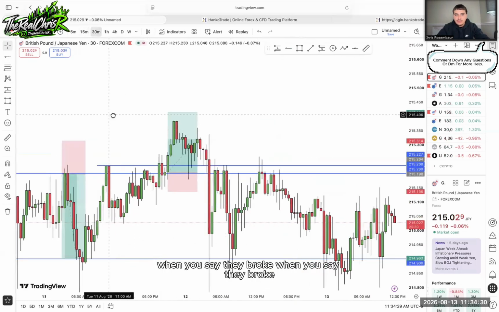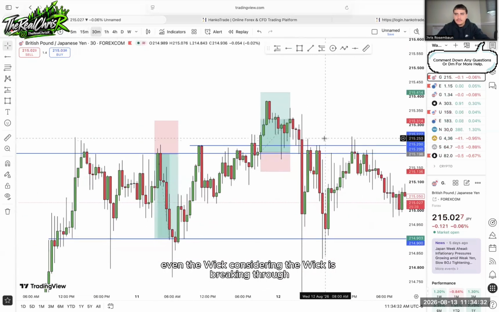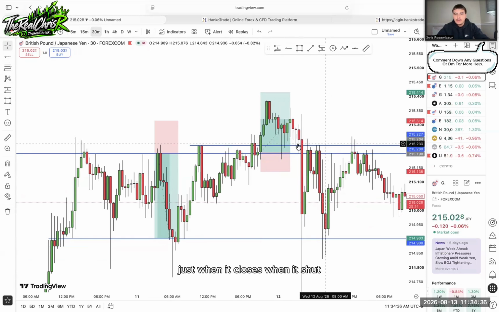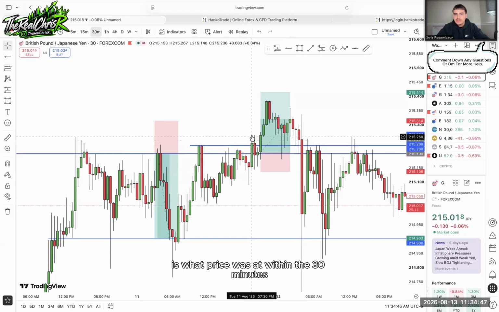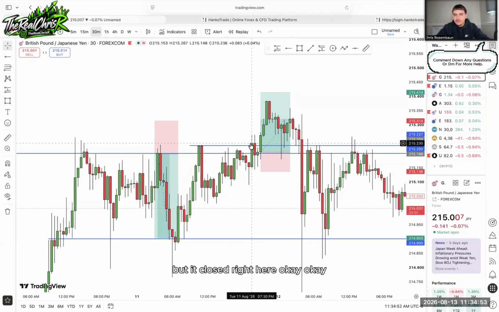And when price breaks a level, say, considering the wick is breaking through, no, it's just when it closes. Just whenever it closes, because all this candle wick is showing me is what price was at within the 30 minutes. It was showing me that price was up here at one point, but it closed right here.